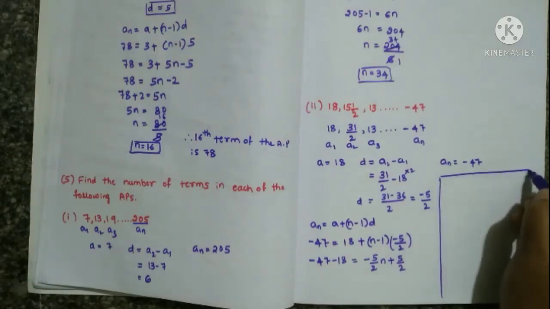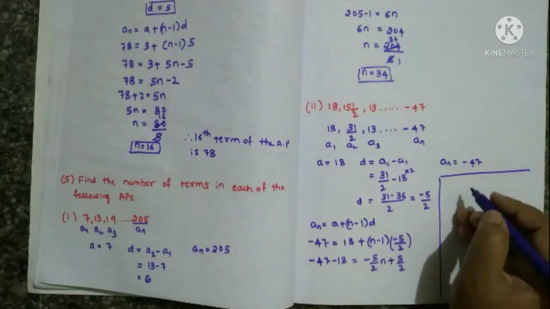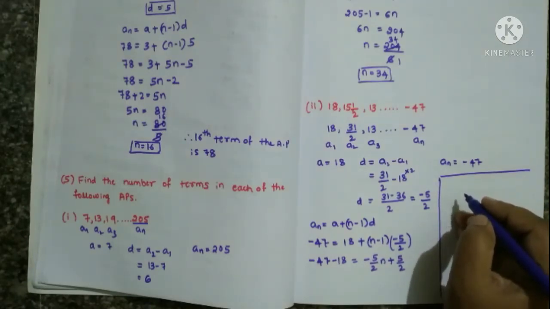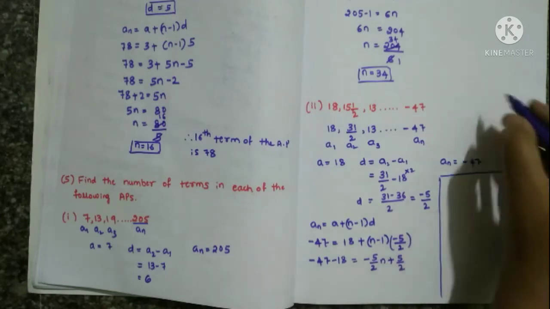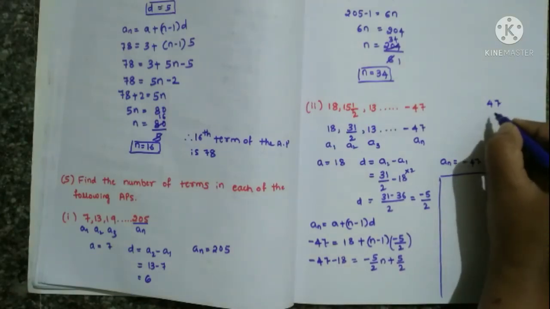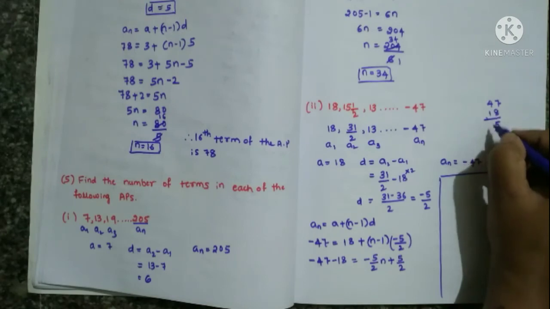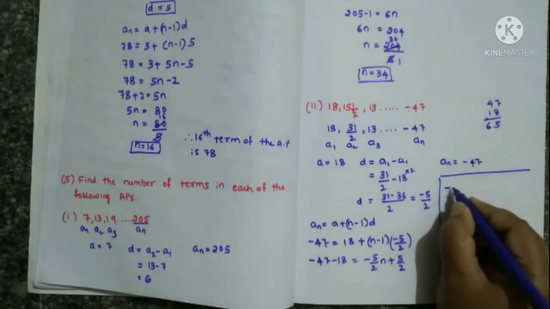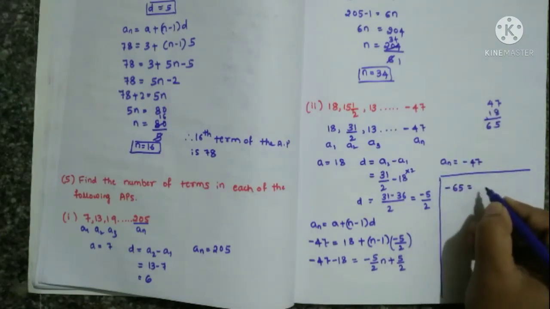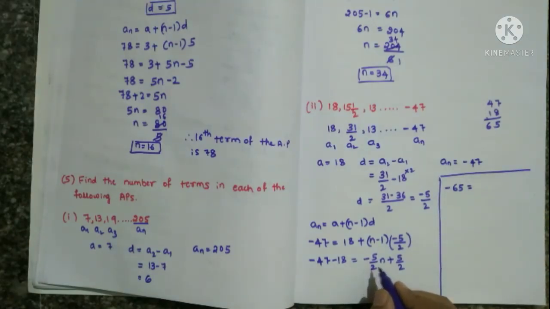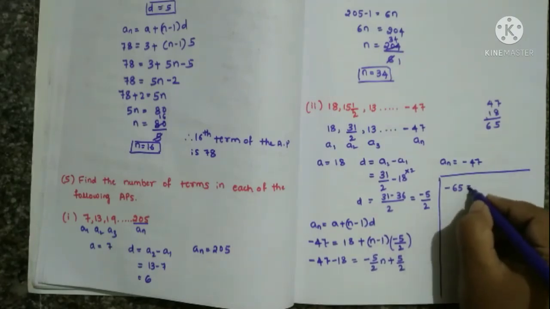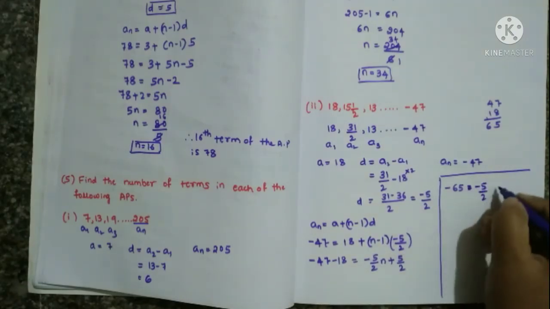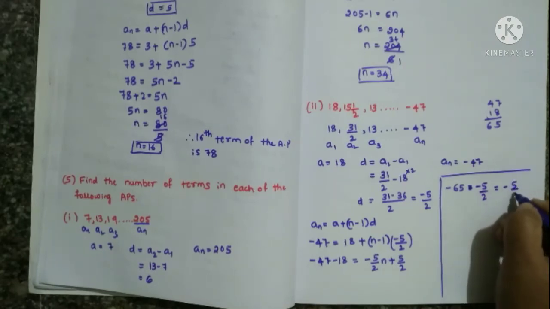Next after this step, minus 47 minus 18 means both also containing minus means you have to add it, right? 47 18, add it. 8 plus 7, how much will come? 15, 65. Minus 65 is equal to, this 5 by 2 if I take left side means it will become minus 5 by 2 is equal to minus 5 by 2 n.